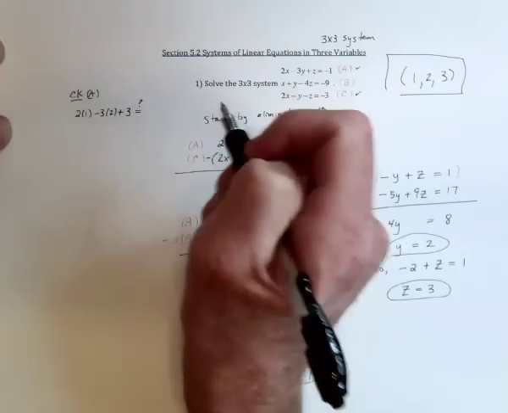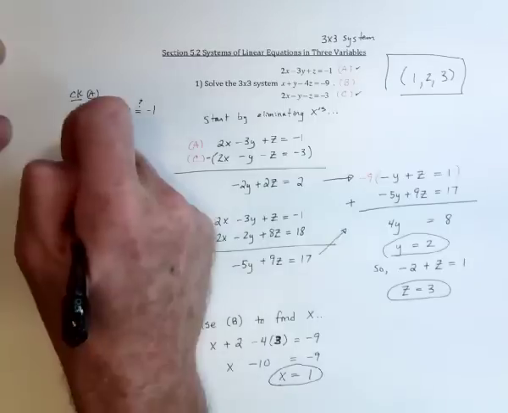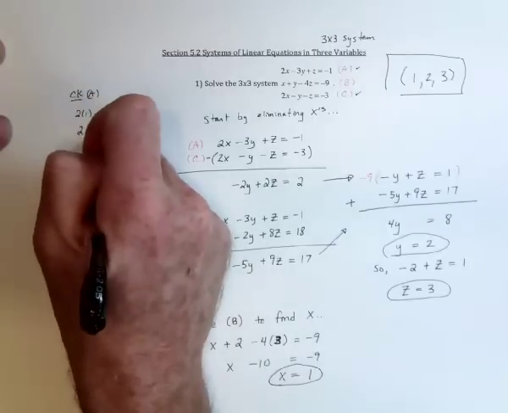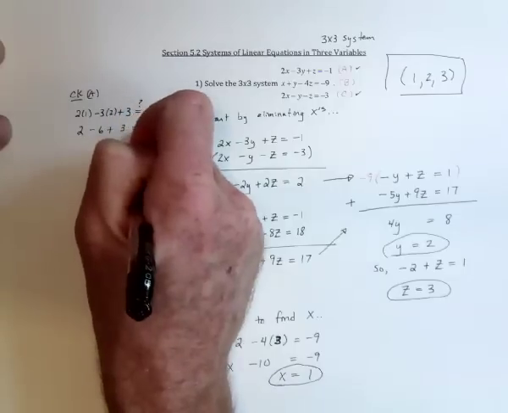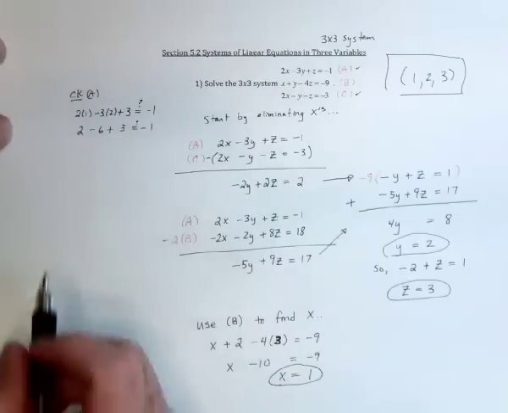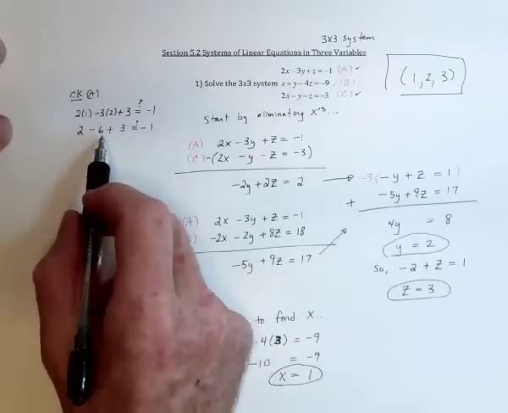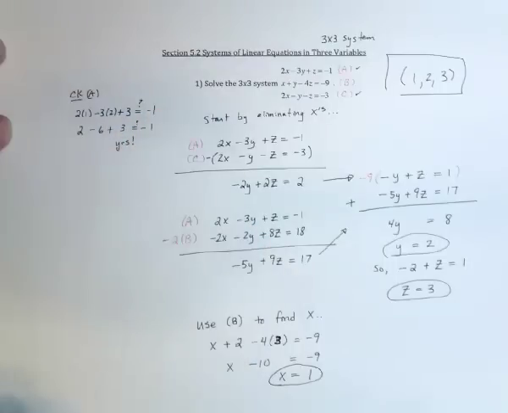Does that equal a negative 1? So this is going to be 2 minus 6 plus 3. Does that equal negative 1? Well, that's going to be a positive 5 and a negative 6, and so the answer is yes, it works. A negative 6 and a positive 5 does equal negative 1.